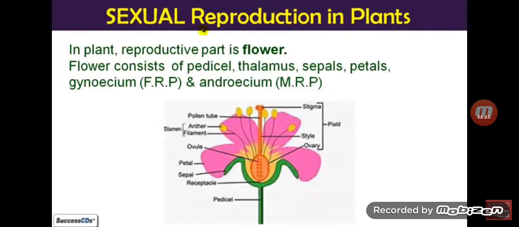And as you know, a flower consists of the pedicel, the stalk-like part by which you hold a flower; the thalamus, the bulged part after the pedicel; sepals, the green part, which is also known as calyx; petals, the colored part of the flower; gynoecium, the female reproductive part; and androecium, the male reproductive part.